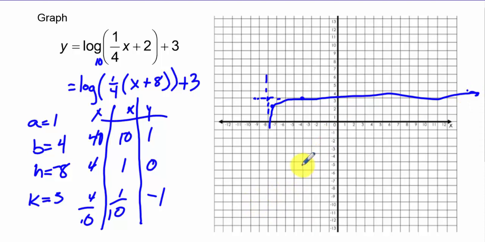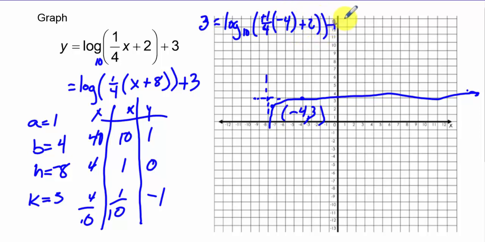Let's just use, oh, what the heck, -4 and what is that, 3? Check that point. Pretty sure it's going to work. So I have y, or 3, equals log base 10 of 1/4 times -4 plus 2, plus 3.